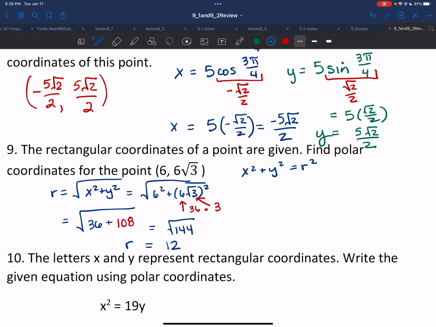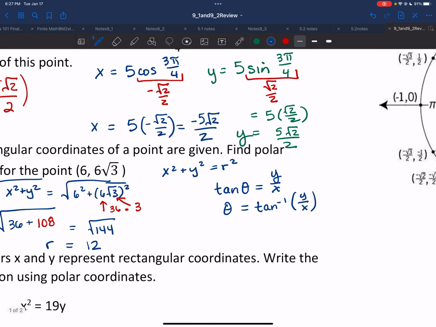Now we have to deal with the angle. We know the relationship between x and y, and our angle is going to be the tangent function. So the tangent is going to equal y over x. Well, to separate that tangent from its angle, we have to take the inverse. So the angle is inverse tangent of y over x.